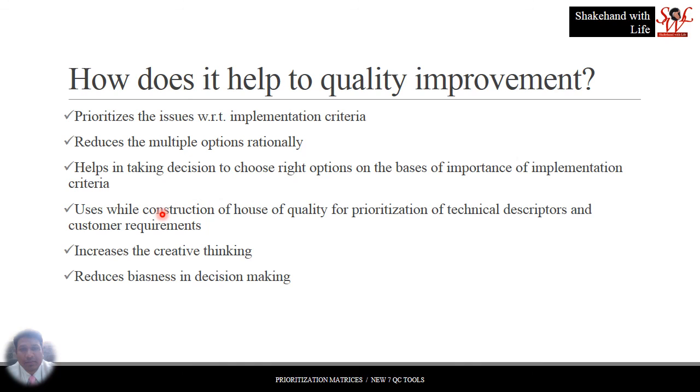It is used while constructing the house of quality for prioritization of technical descriptors and customer requirements. That is, it prioritizes the customer requirements and it prioritizes the technical descriptors to fulfill the customer requirements. It increases creative thinking and it reduces bias in decision making.